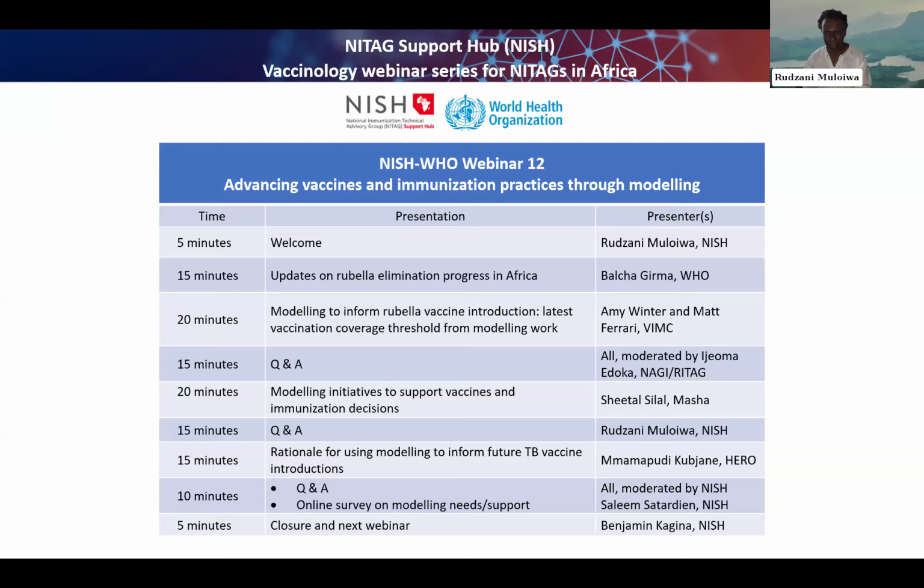And I just want to specifically welcome and acknowledge members of the Vaccine Impact Modeling Consortium, who both the Afro-RITEC as well as our NITAG Support Hub are important stakeholders in the work that they're doing.